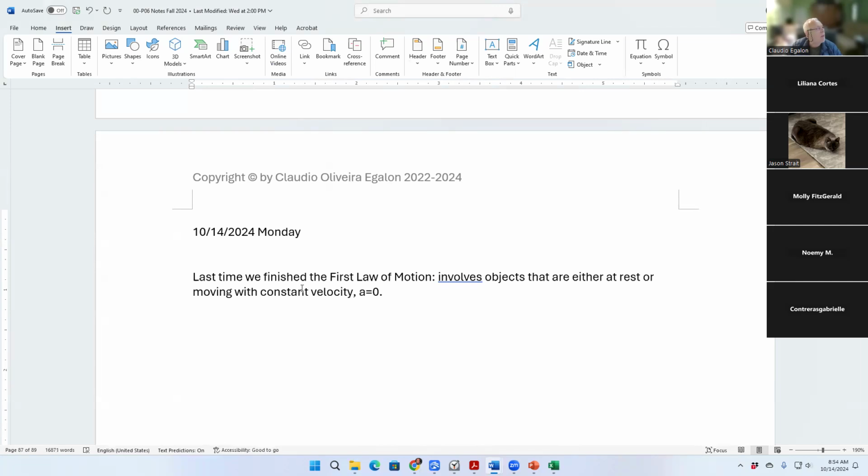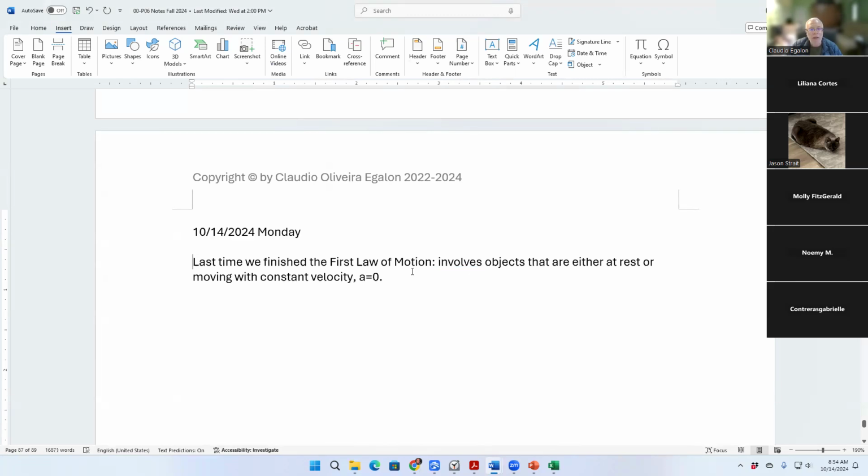That's what the first law is all about. Objects that have an acceleration equal to 0 are subjected to a net force that's equal to 0. So objects that have a equal to 0 always have a net force equal to 0.